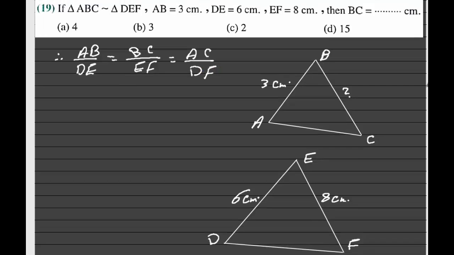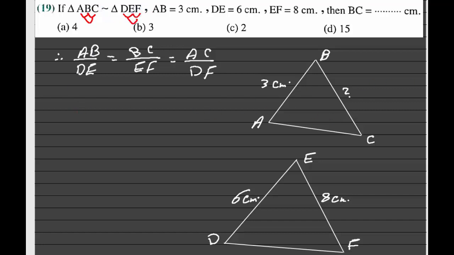Again, we have the two triangles are similar, so AB over DE equals BC over EF equals AC over DF.